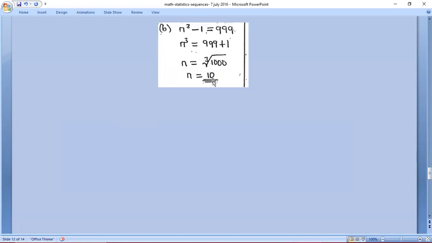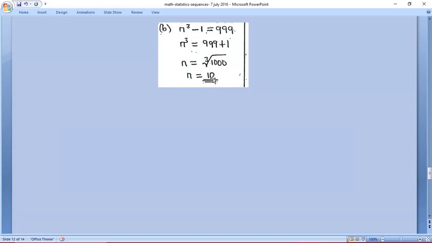And remember, we're interested in the positive only. But then for cubes, you can only get a positive when the original number was positive. For cube root, you can only get a positive root if the number is positive.